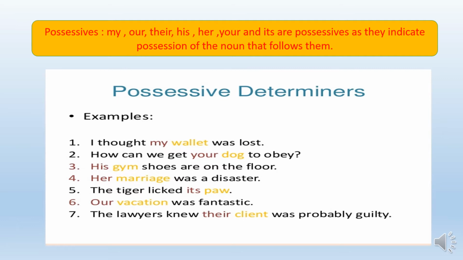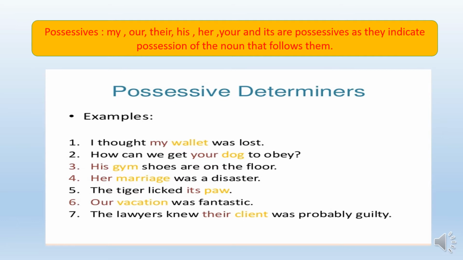The tiger licked its paw. Paw is the noun. Whose paw? Its paw. So here its is again a possessive determiner. Our vacation was fantastic. Whose vacation? Our vacation. It's showing possession.